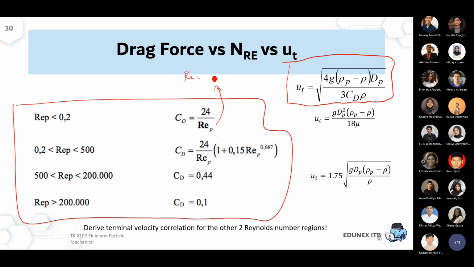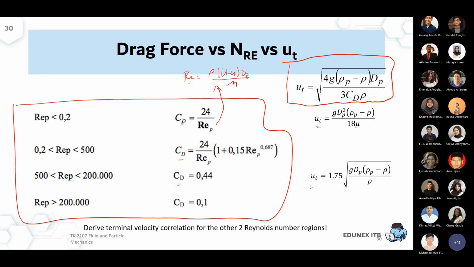Here the Reynolds is calculated as rho, slip velocity, particle diameter per mu. Once you know the Reynolds, then we can calculate the CD, and that can be substituted into the last column to calculate the terminal velocity.